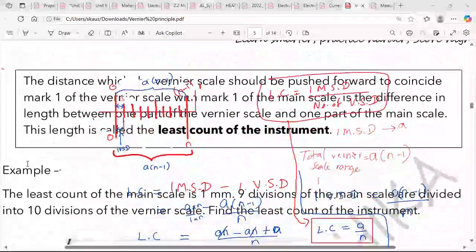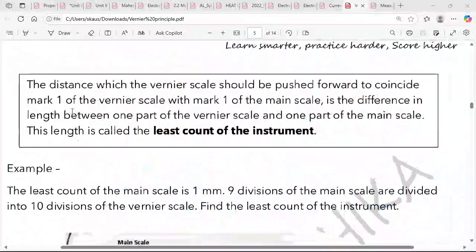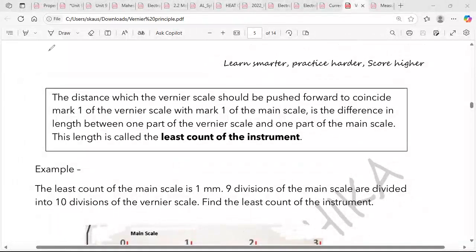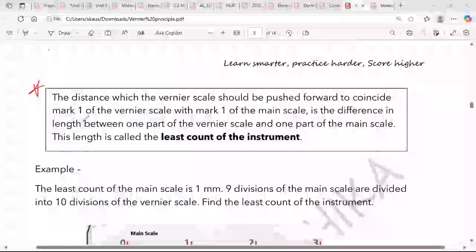So you can see here that is what I told. This you have to remember, right? This is important. The distance with which the Vernier scale should be pushed forward to coincide Mark 1 of the Vernier scale with Mark 1 of the main scale, that means the first mark, right?